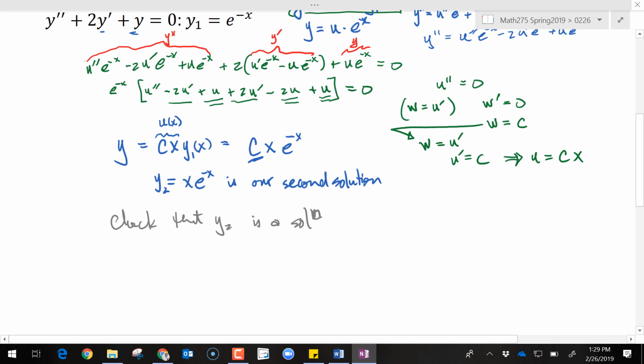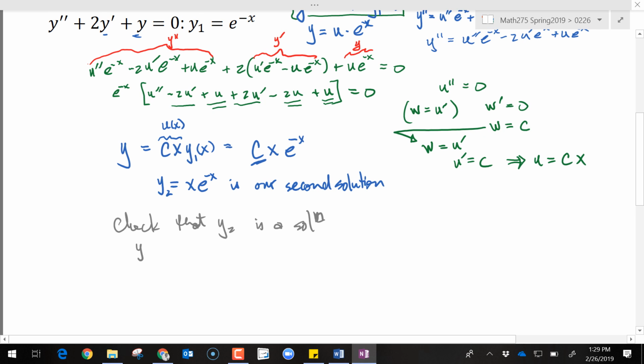So this says check that y2 is a solution. So what do we need? y2 is equal to x e to the negative x. We need the derivative. y2 prime is equal to derivative of the first times the second plus the first times the derivative of the second.